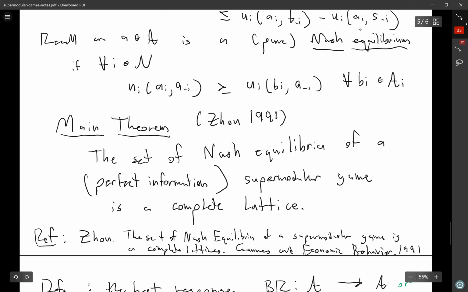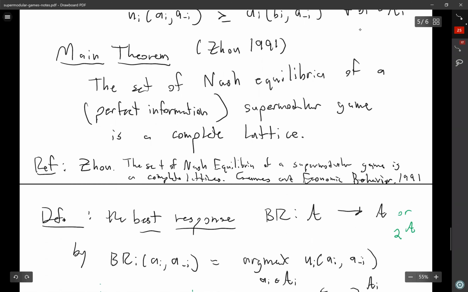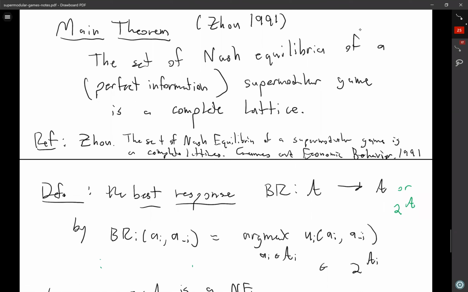But our main theorem here is due to Topkis, and it's that the set of Nash equilibria, and of course we're assuming perfect information, of a supermodular game is a complete lattice. And one implication of this is that there is a maximum Nash equilibrium and there's a minimum Nash equilibrium.